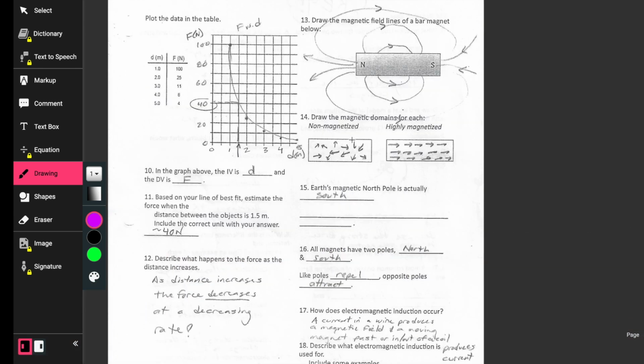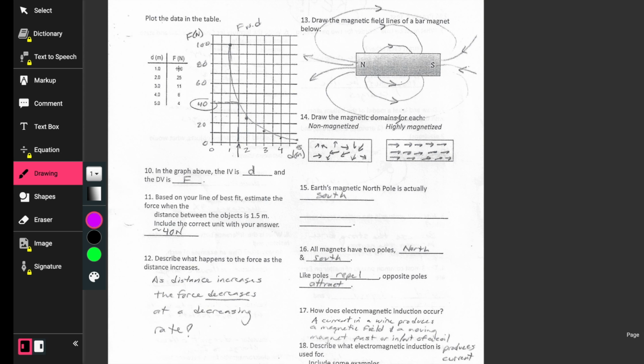Plot the data in the table. We haven't done a lot of graphing, so it's been a while. Notice that this is the x-axis, 1, 2, 3, 4. This is the y-axis, but notice it's inverted. We have big numbers on top, little numbers down here, and you're going to get this curve.